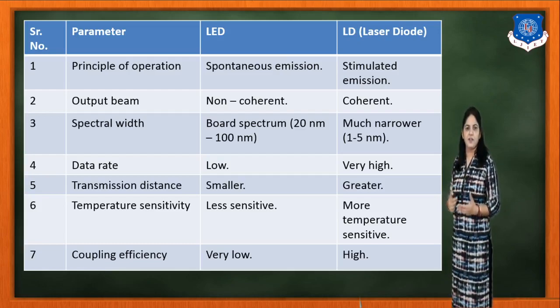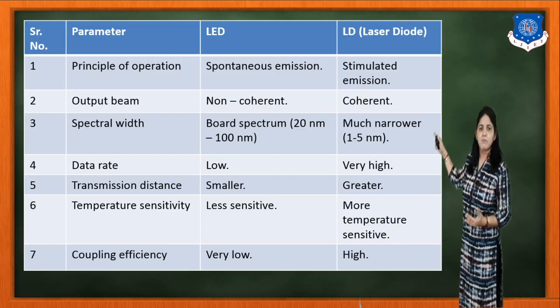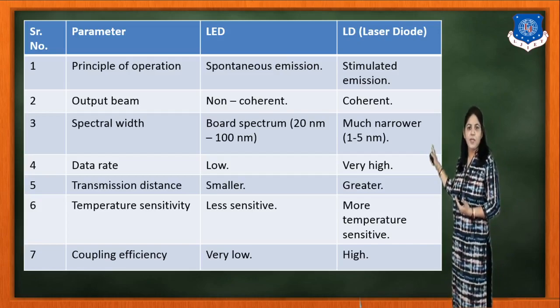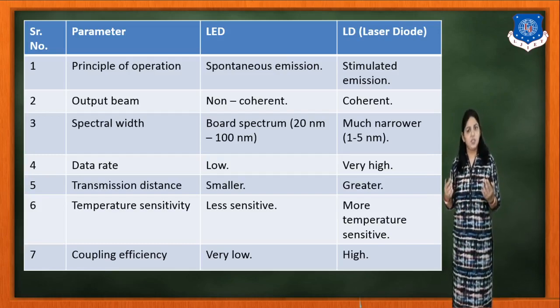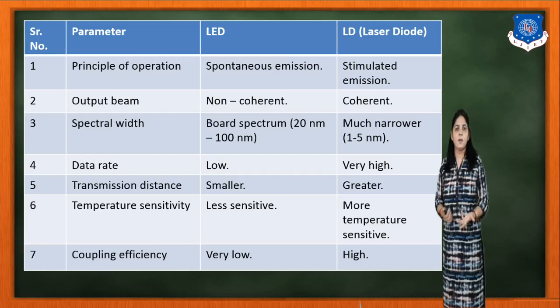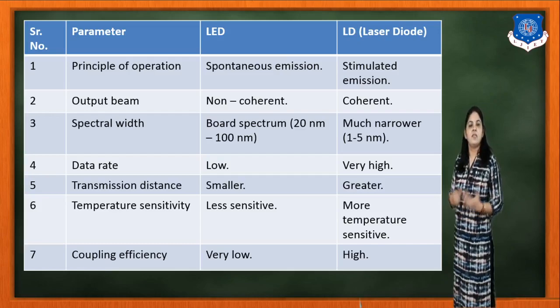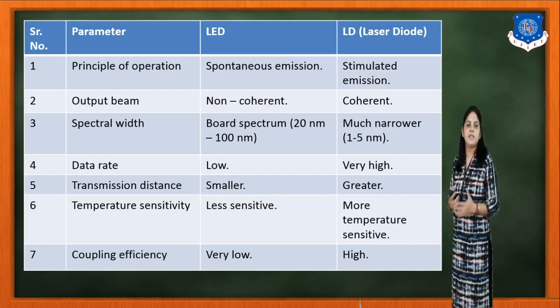The spectral width of the LED is a broad spectrum of 20 nanometer to 100 nanometer, and for the laser diode the beam is much narrower, about 1 to 5 nanometer. About the data rate, the data rate of transmission using the LED is lower, and using the laser it is very high. The transmission distance using the LED is smaller, and in the case of the laser it is greater.